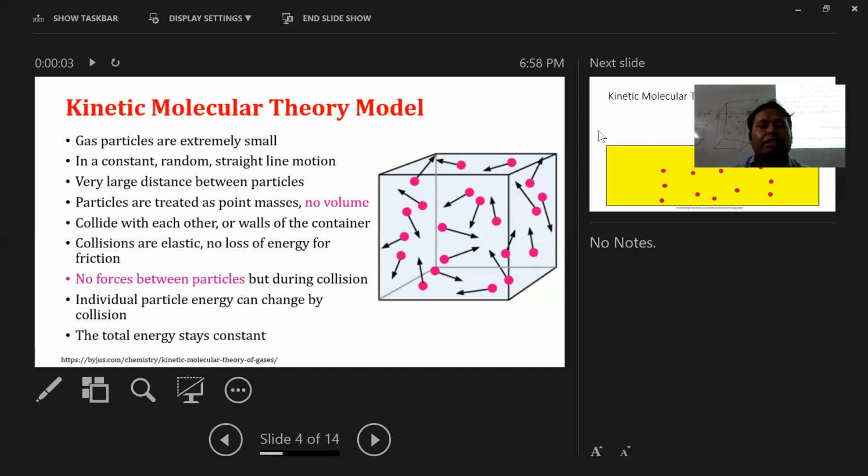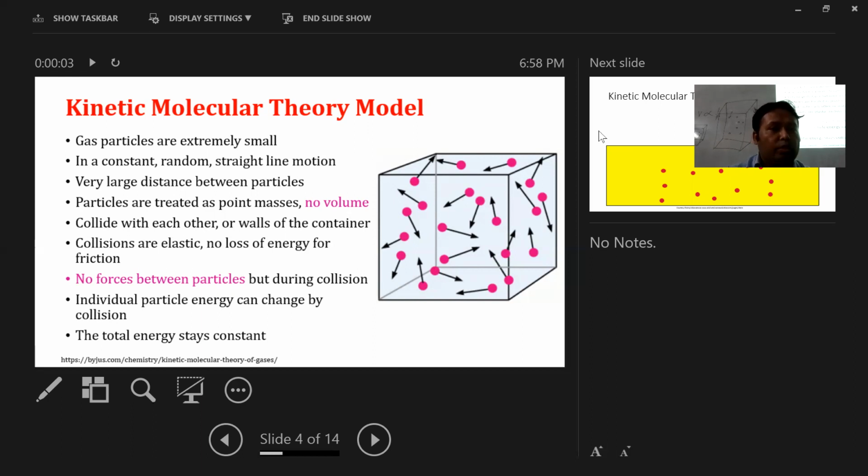Mainly, this can be considered for the ideal gas. But actually, there is nothing ideal. Neither human, nor any character, nor any food, anything. So even what we are considering the kinetic molecular theory or ideal gas behavior is just an imaginary consideration.